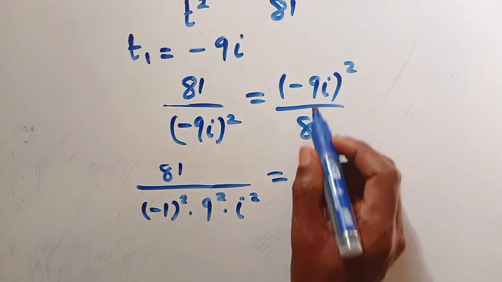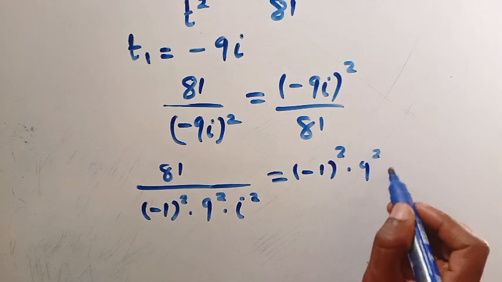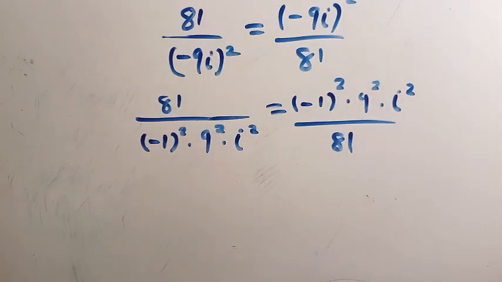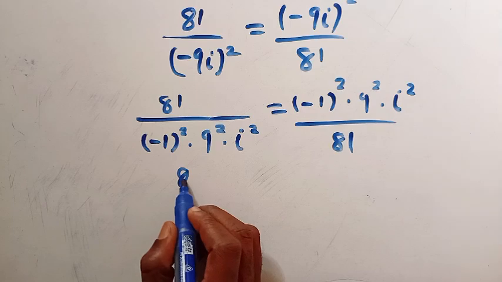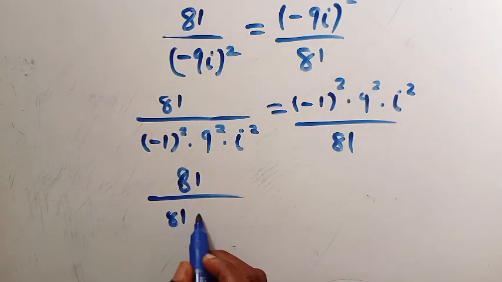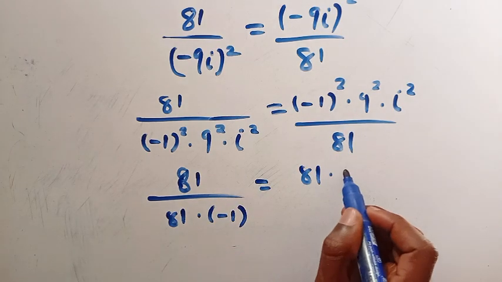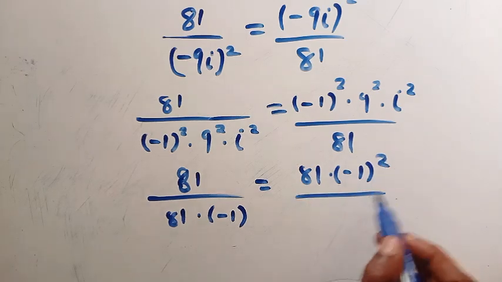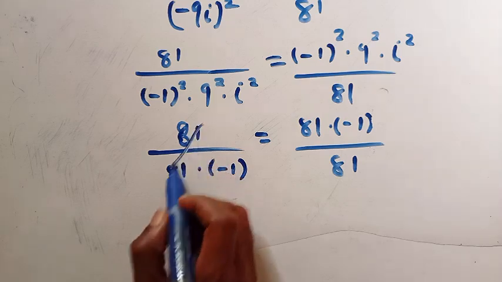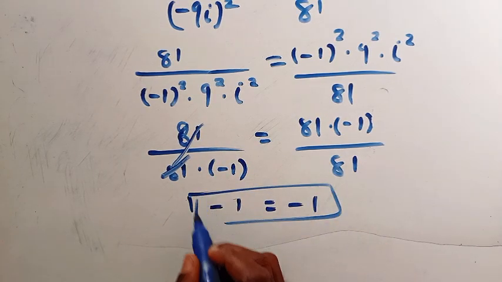Applying this to the other side as well, we have minus 1 squared multiplied by 9 squared multiplied by i squared divided by 81. So with this, we are going to have 81 divided by minus 1 squared, that is 1, 9 squared is 81, i squared here is minus 1. So this cancelled, and we have minus 1 equals minus 1, just as we got above.